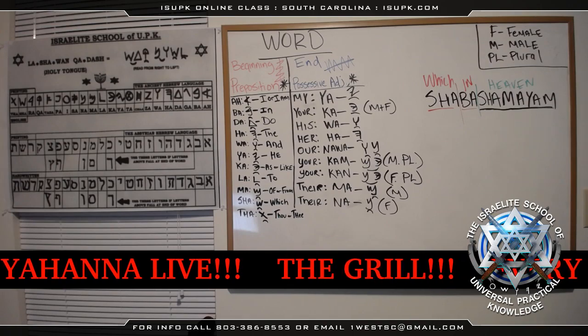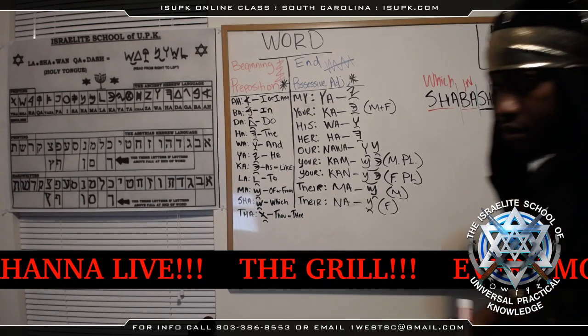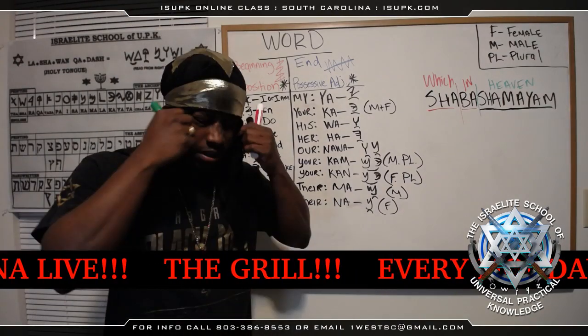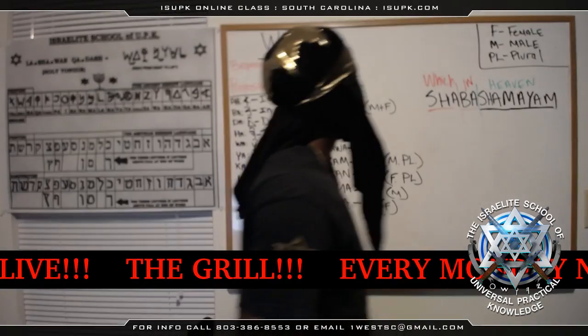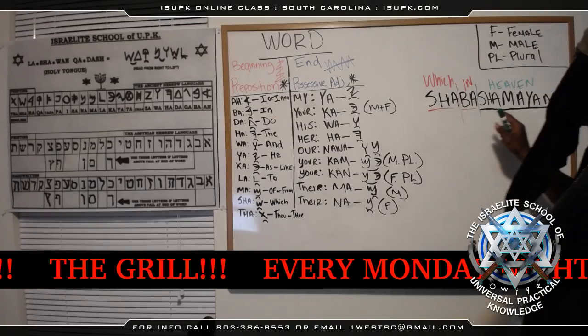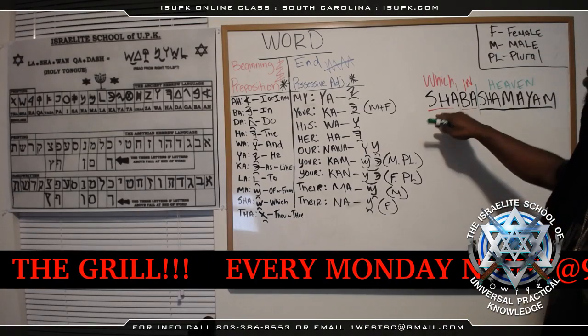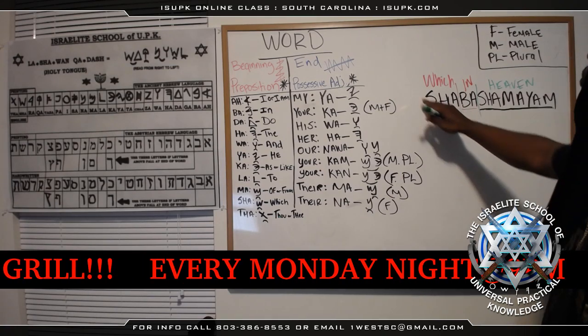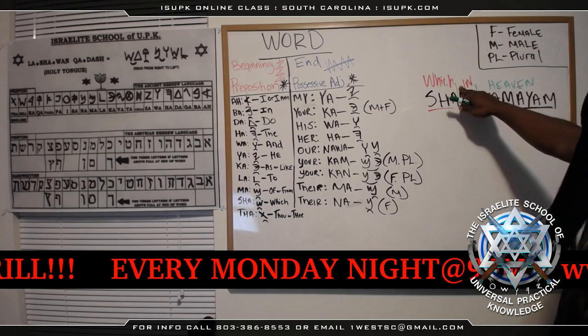Everybody following along? You got a question, let me know. Sha is a preposition that means which or pertaining to. Ba is a preposition that means in.